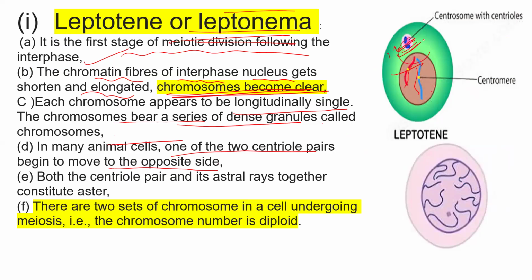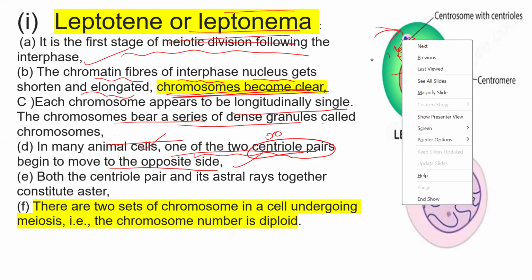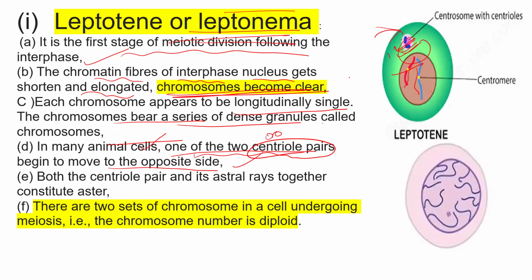Both the centriole pair and its astral rays together constitute the aster. These are two sets of chromosomes in a cell undergoing meiosis. The chromosome number is diploid. So what is the chromosome number in the leptotene stage? It is diploid.